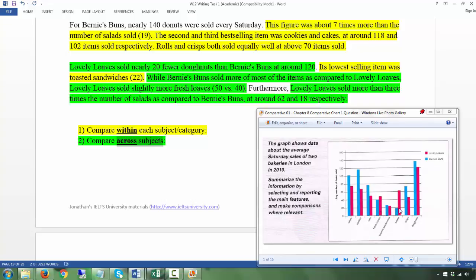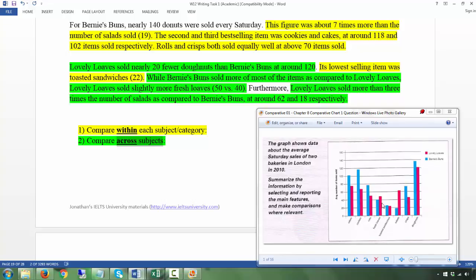Why? Not only did Lovely Loaves sell more salads than Bernie's Buns, but it was more than 3 times more. That's huge. I mentioned to you, think about the significant points, the main features. Think about yourself maybe as an investor, and the things you talk about are things that strike you first.